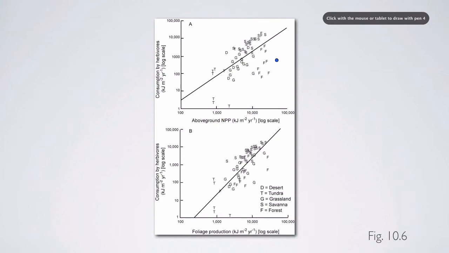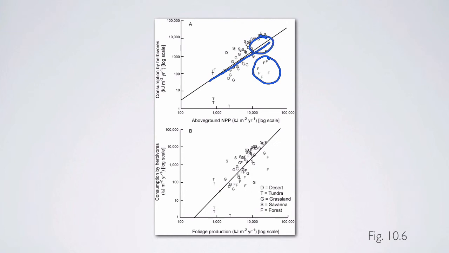If we do that, forests can have high NPP, but a lot of that NPP is actually in relatively inedible wood. So if we go across ecosystems and look at the relationship between herbivore biomass and ANPP, in forests you can see that often there's a lot less herbivory, or a lot less herbivore biomass, than you would have expected just based on ANPP.